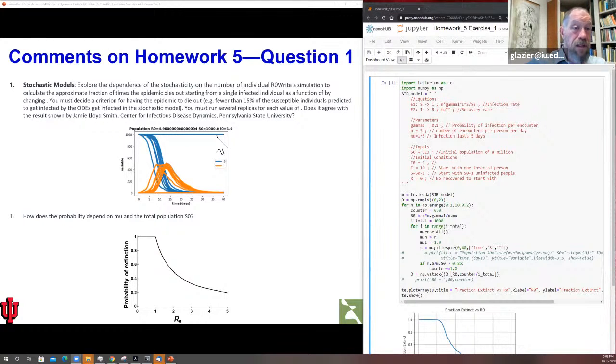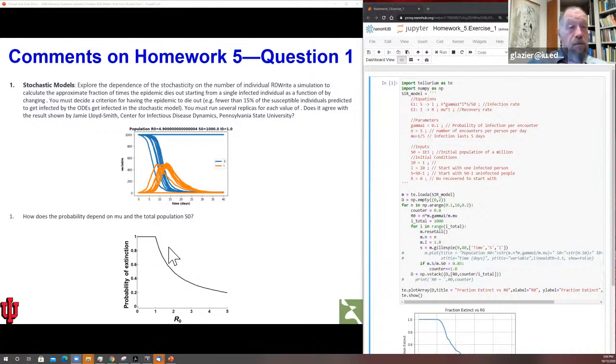And that means in that particular case, that infected individual recovered before they passed it on to anybody else. And so the question was, given that model, what's the probability that they don't pass it on, or at least don't pass it on very much, as a function of R naught?